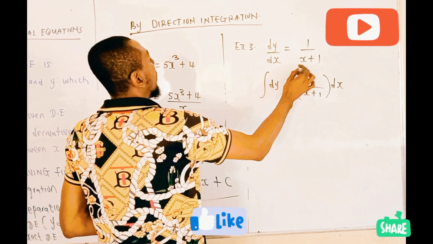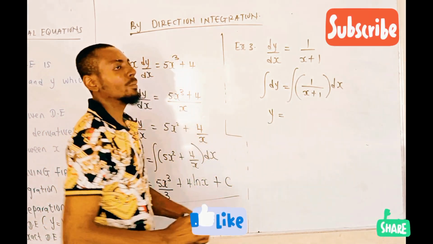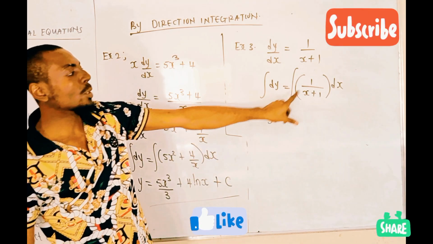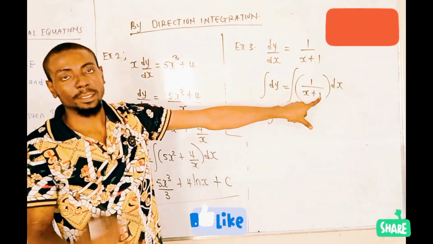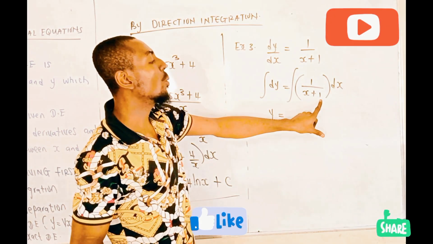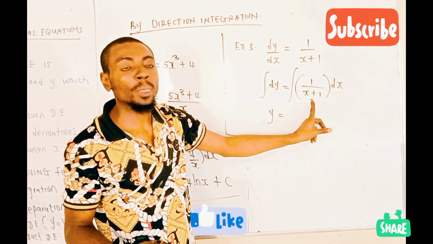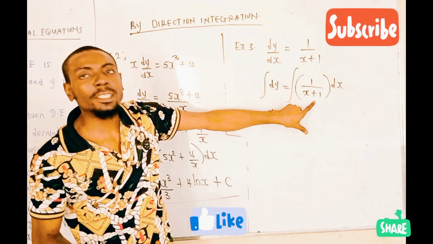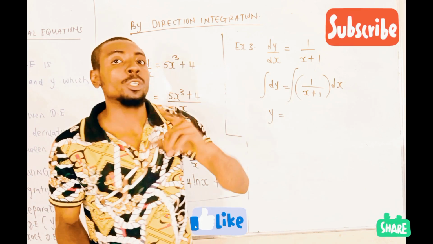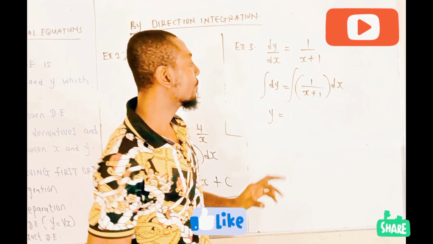So by integrating both sides, integral of dy is y. Now, integrating 1 over x plus 1, that's a law I would love to share with you now. When you are about to integrate a function whose derivative of the denominator is equal to the numerator, let me slow down.